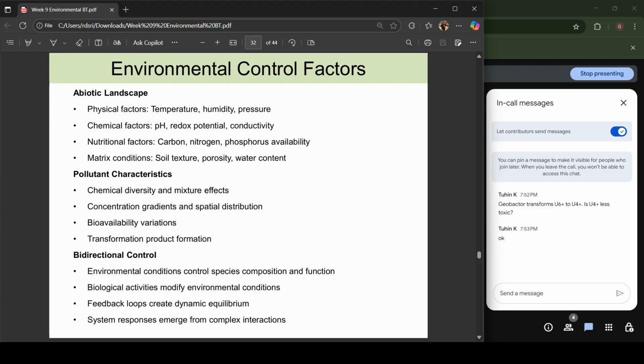And then the matrix conditions, which again is a kind of physical factor like the soil texture, porosity, and water content. And next comes the pollutant characteristics. The pollutant characteristics include how chemically diverse the pollutants are and what the mixture effects are.